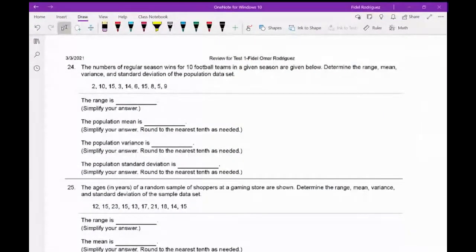Yes. Okay, so first thing we got to do, we got to find the range. Well, we already know how to find the range, right? Remember, it's the max number minus the minimum number. What is the biggest number in that set? Anybody know? What's the biggest number in our set there for number 24?